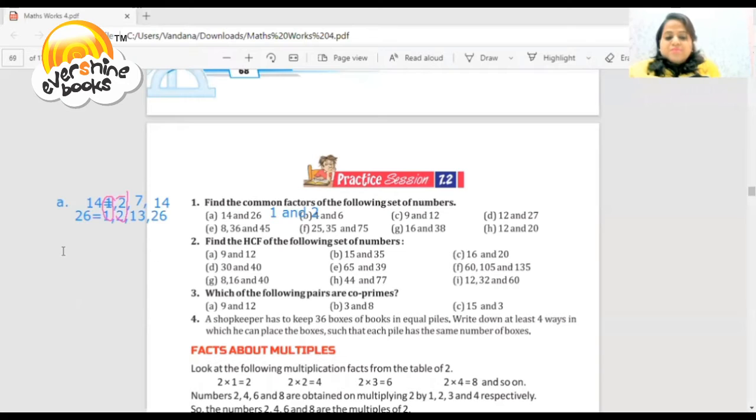Now students, in this question B, you have to find out the factors of 4. So write the number: 1 is a factor of every number, then 2, then 4. These are the factors of number 4. Now write number 6 and find out the factors of number 6. So 1, then 2, then 3, then you have to write 6 itself.